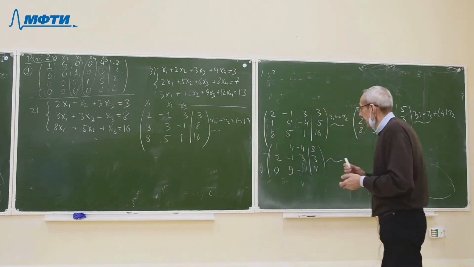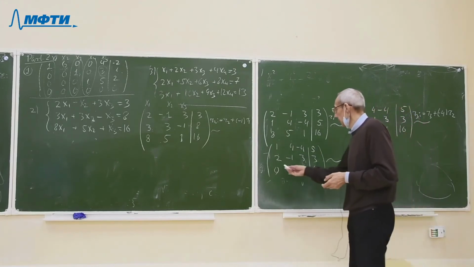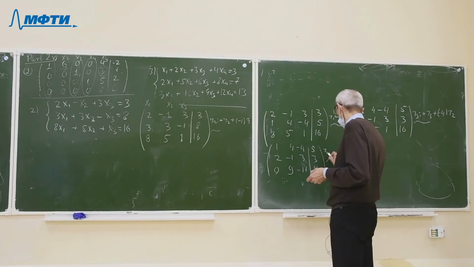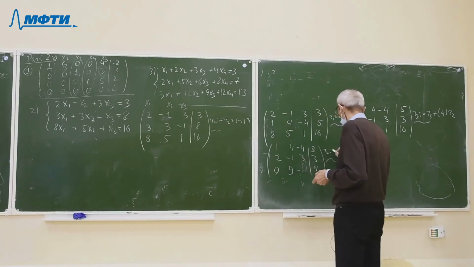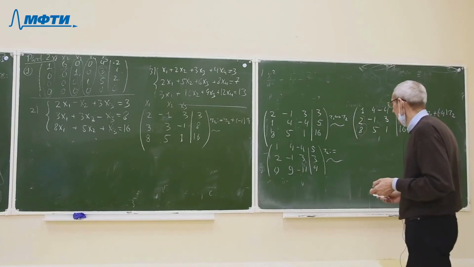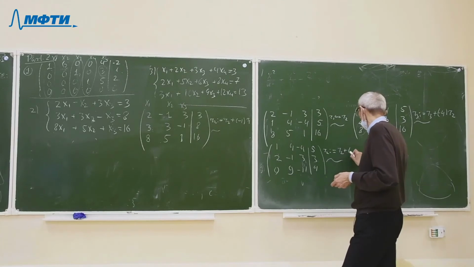Eliminate the first variable from the second equation, from the second row. R2, we will put the difference R2 plus minus 2 R1.